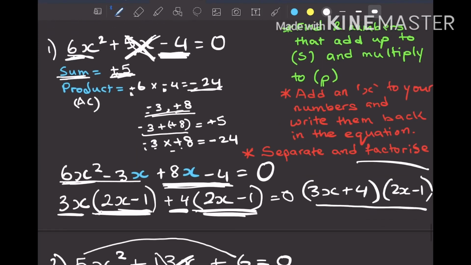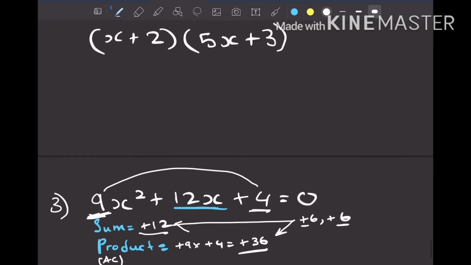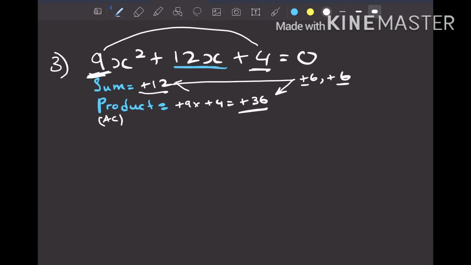Once we've found our two numbers, we have to add an x to your numbers and write them back in the equation. So let's go back to this. As I did in the previous two examples, just cancel the middle number and put these two back in.